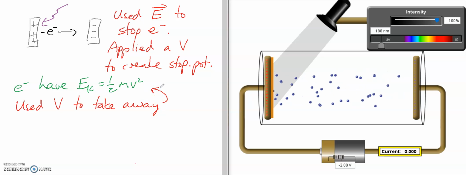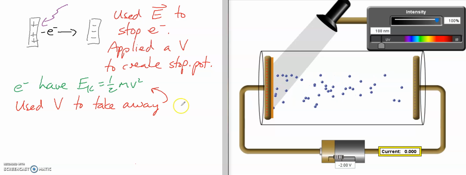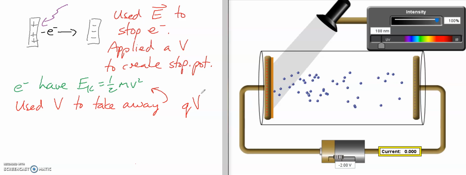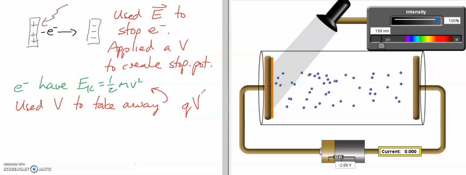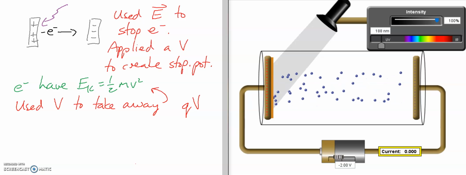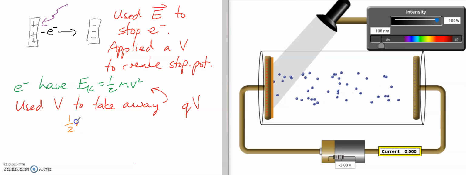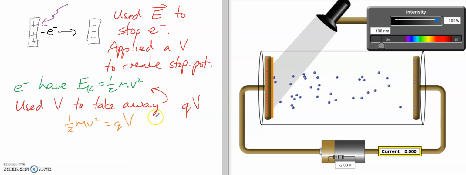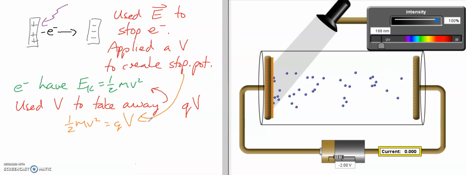And that told you something. And of course, if you guys remember, energy for a charge in between plates is equal to QV. So he would apply the voltage in order to stop the electrons. And since they're perfectly balanced, he knew that 1/2 mv squared was equal to QV, and that is the stopping potential right there, that voltage right there.